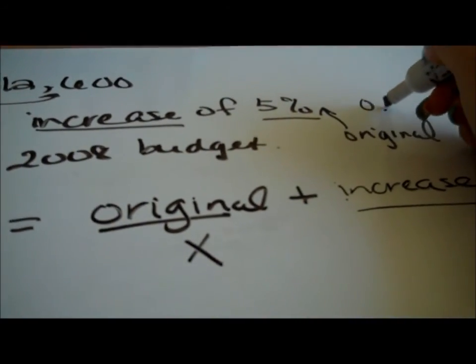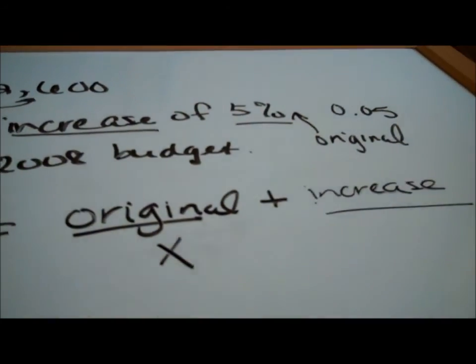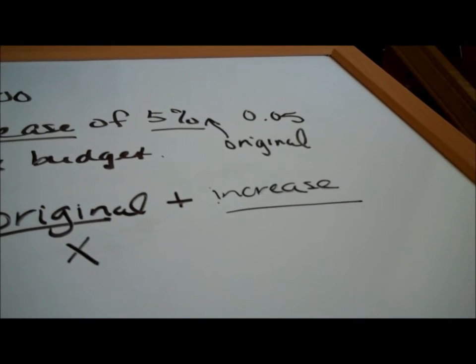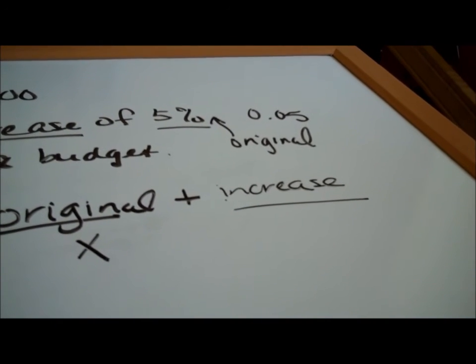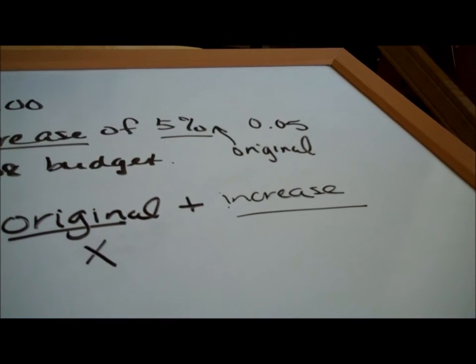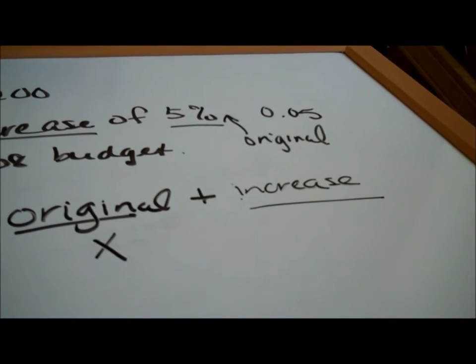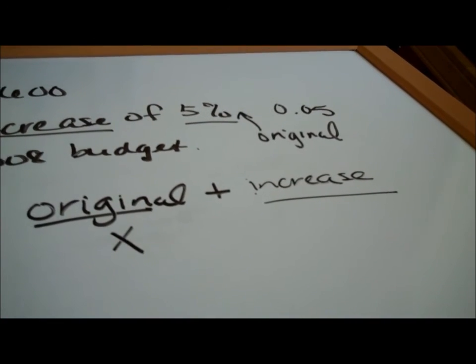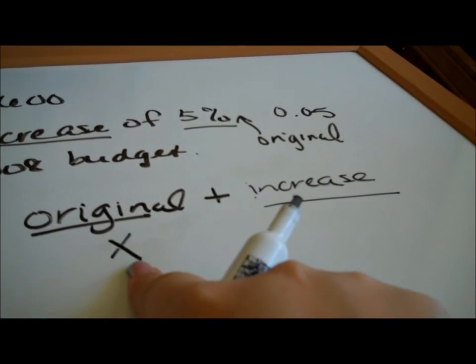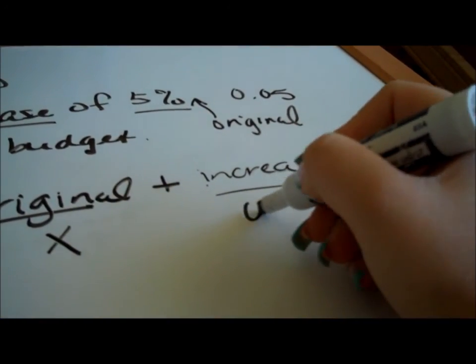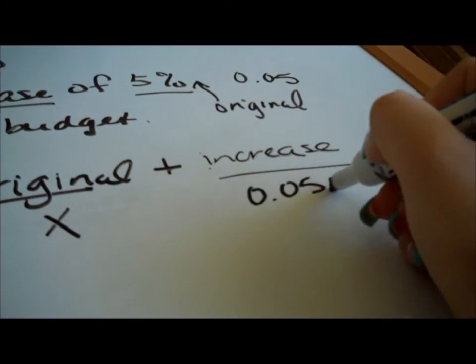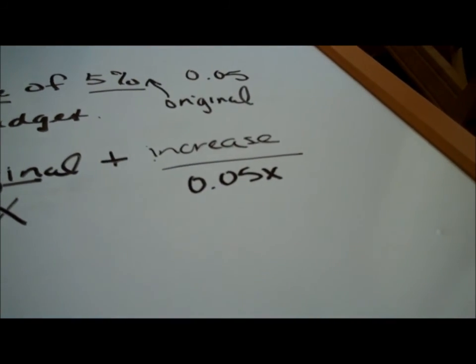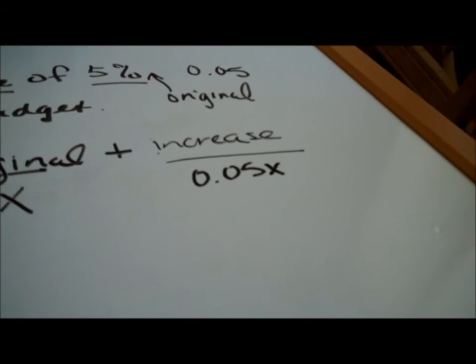5% as a decimal is 0.05. But remember, that's 5% of what? You should be asking yourself always when you're working with a percent problem. 5% of what? So 5% of the original budget. Since the original budget is X, that means that the increase part is going to be 0.05x.